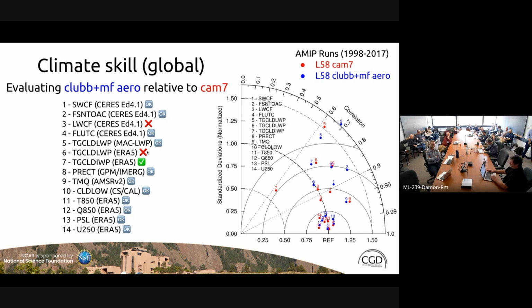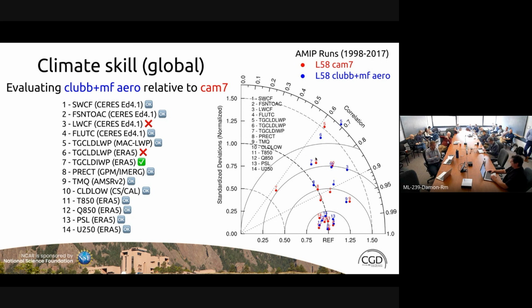Things that stuck out are related to clouds. Longwave cloud forcing is number 3 here. In CAM, we're doing pretty well. And then I jump up here into ClubMF with a higher RMSE and a much larger pattern standard deviation. That's also seen in liquid water path compared to ERA5, which is here, 6.